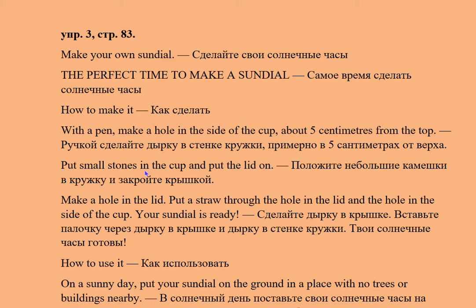Put small stones in the cup and put the lid on. Make a hole in the lid. Put a straw through the hole in the lid and the hole in the side of the cup. Your sundial is ready.